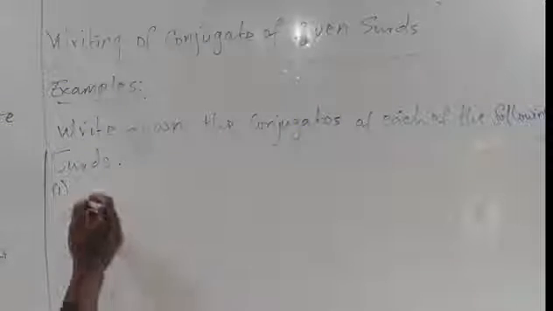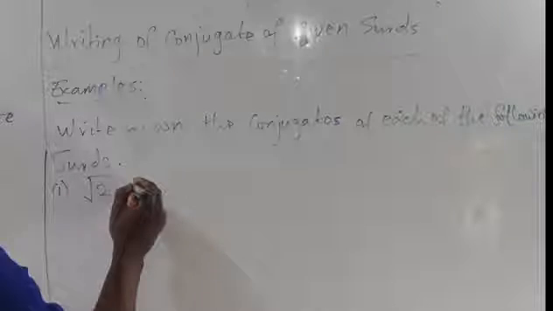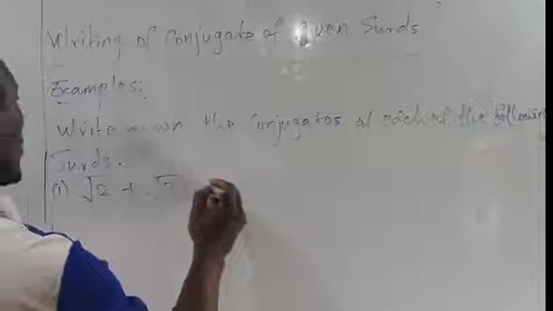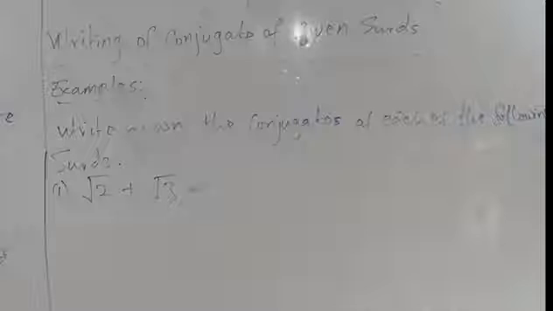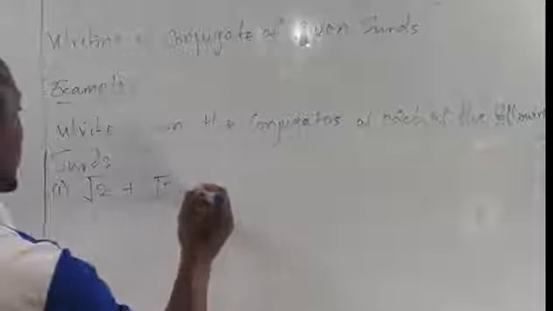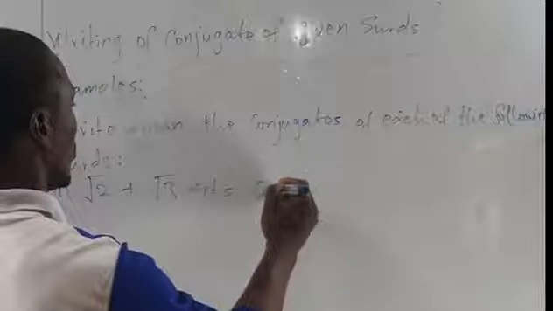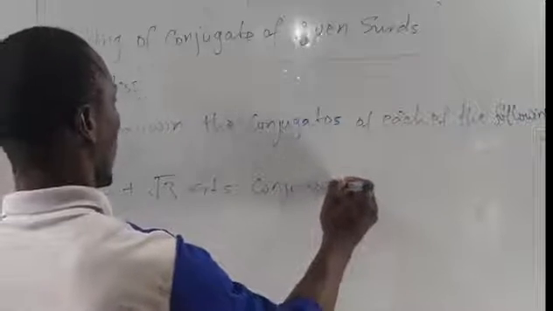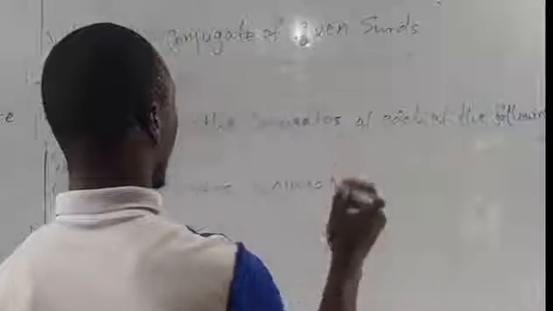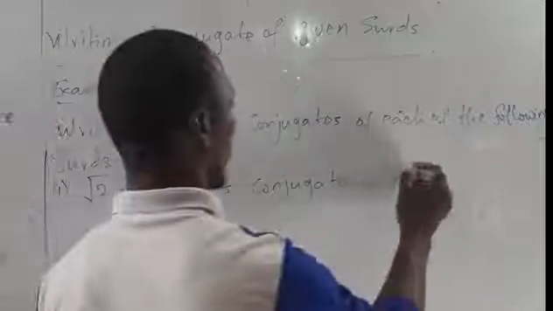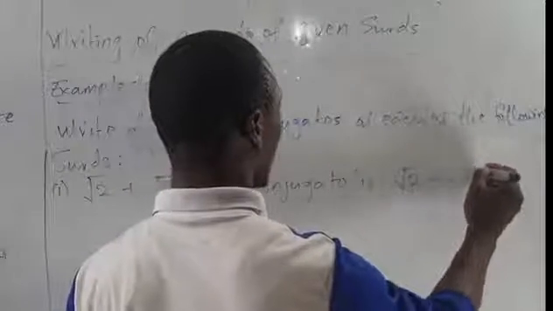We have root 2 plus root 3. So the surd given is root 2 plus root 3, and its conjugate is root 2 minus root 3.